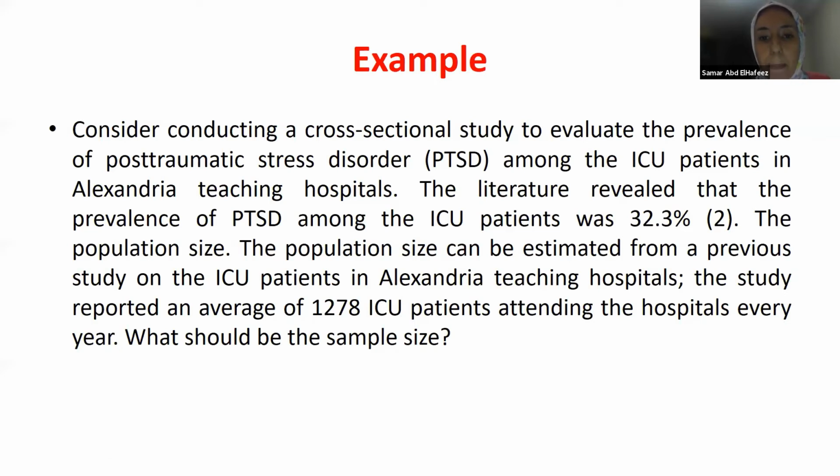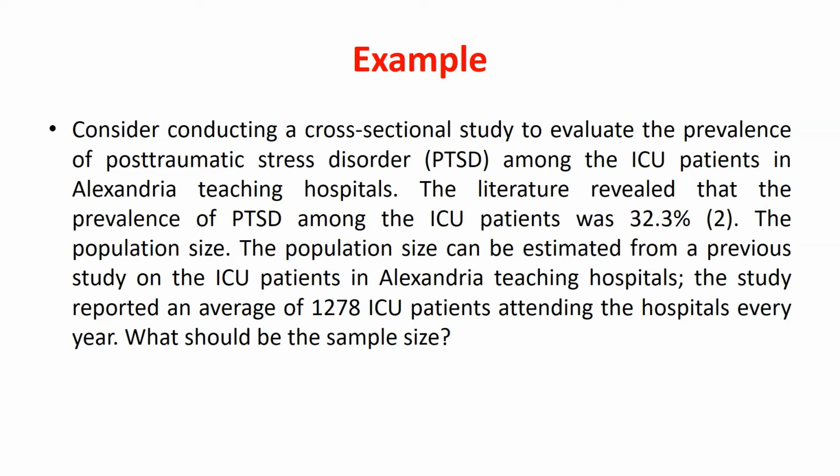What's the outcome here? The prevalence of PTSD among the ICU patients was the outcome. Okay, so the primary outcome is the prevalence of post-traumatic stress disorder. What's the type of the study?